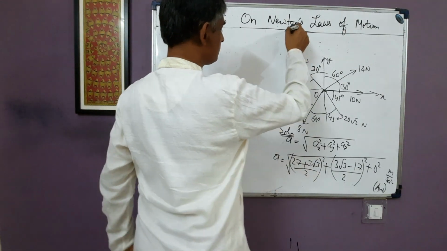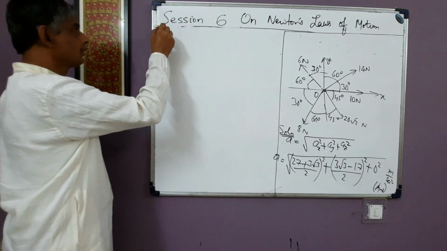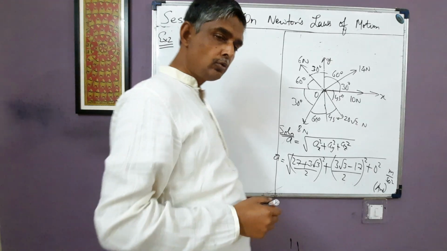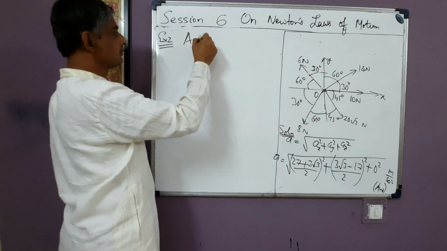Now I'll take up another question, question 2. Another example is this. A particle P of mass m equal to 2 kg. I'll write down the question.